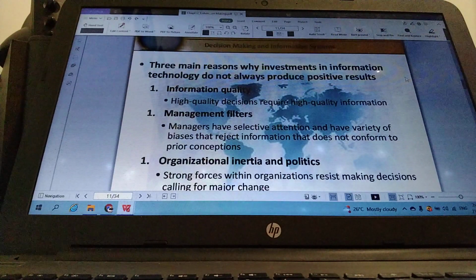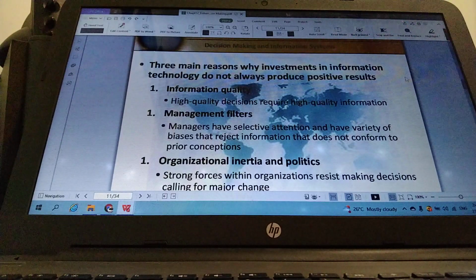Continuing on, we're going to look at three main reasons why investment in information technology does not always produce positive results. Because it is just a system helping you in making a decision, but we have to be cautioned that not all decisions or recommendations from the system or from the MIS are guaranteed to produce positive results.